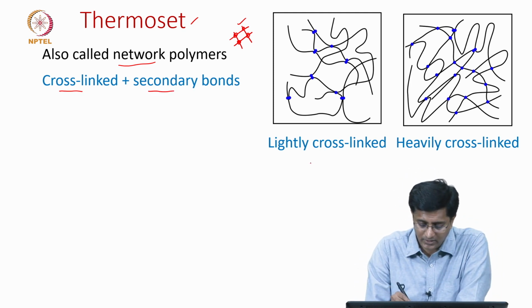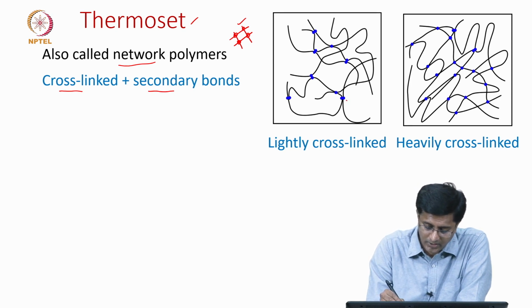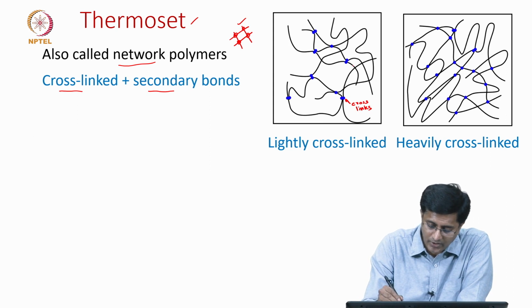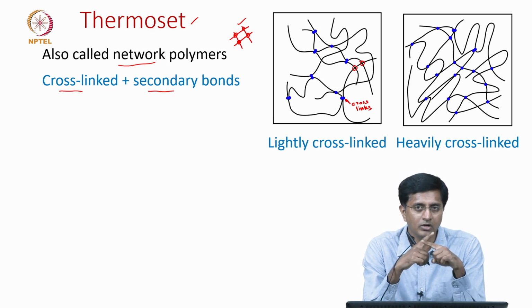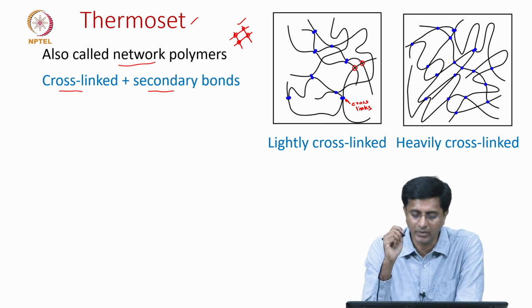Let us look at this example of a lightly cross-linked polymer, where these are the cross-links, but in addition we also have secondary bonds in places like this, where there is a crossover of the chains and a secondary bond binding them together.